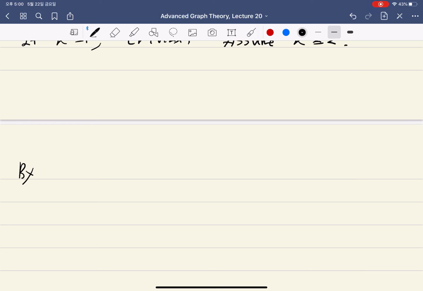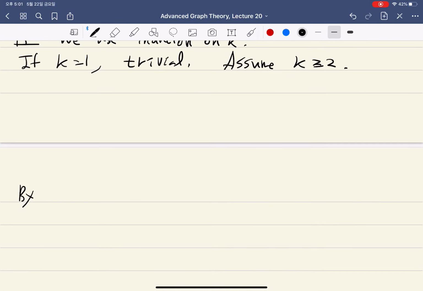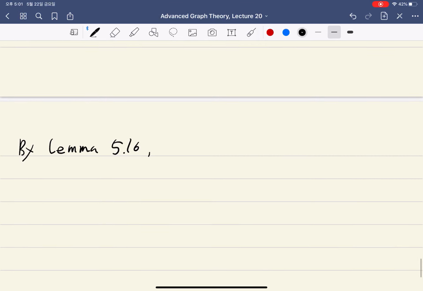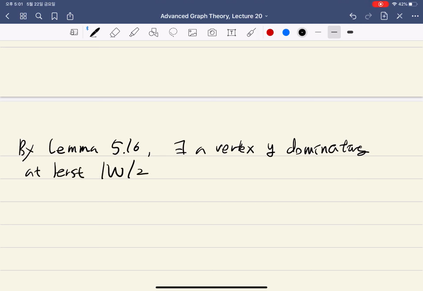By the previous lemma 5.16, there exists a vertex Y dominating at least half of the vertices of W.